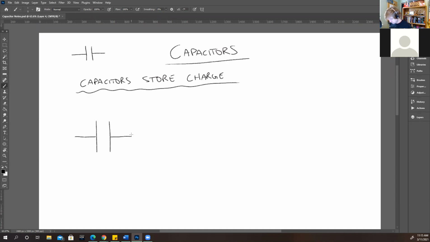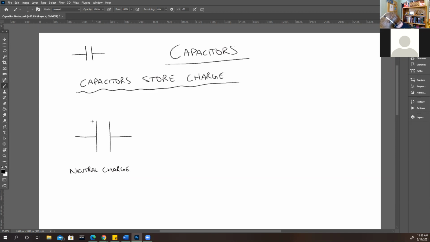There are these two strips of metal, and it's disconnected. It's not connected to a circuit. It is neutral. Neutral charge means there's no net charge inside of it at this point.